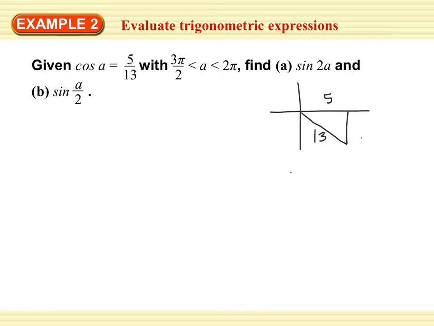So I can do 5 squared plus b squared equals c squared, 13 squared. Calculator, 13 squared minus 25. Take the square root of that, and I believe it's 12. Yes. So I just calculated that's 12.